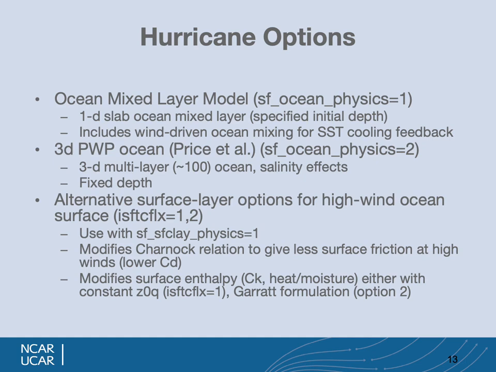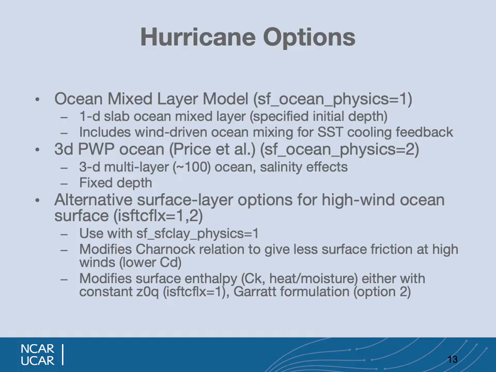We also have alternative surface layer options for high wind ocean surfaces called isftcflx, TC being tropical cyclone, mainly designed for use with hurricanes, and with surface layer option 1. These modify the Charnock relation, which is the relation that relates the roughness length to the wind speed, for strong wind conditions. In fact, the modification is to give less surface friction at high winds, because the Charnock relation gives you too large a roughness length compared to observed hurricane-strength roughness lengths.